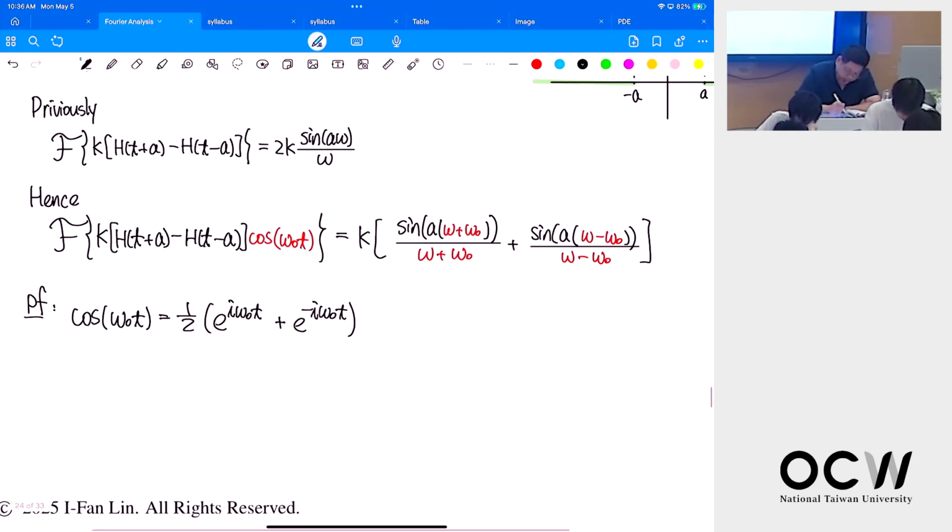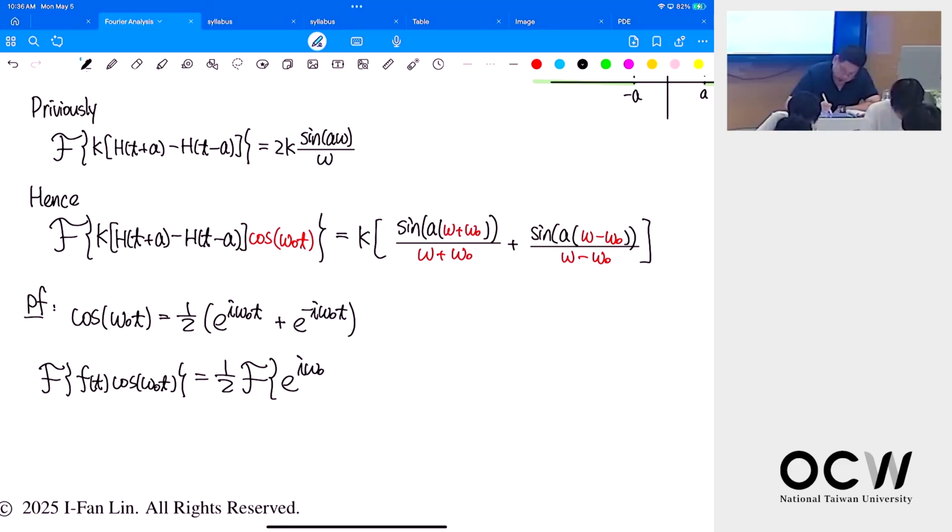So if you have a function times cosine omega naught t, that means it is 1/2 of the Fourier transform of e to the i omega naught t times your function, and the second term, 1/2 the Fourier transform of e to the minus i omega naught t times the function.